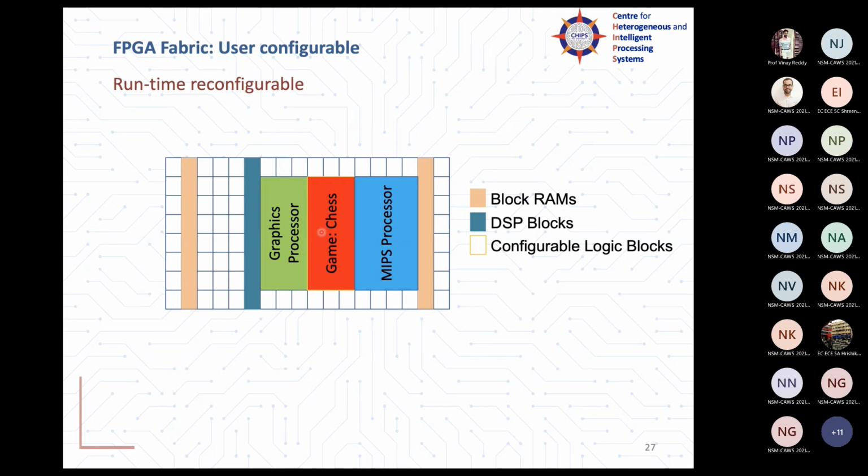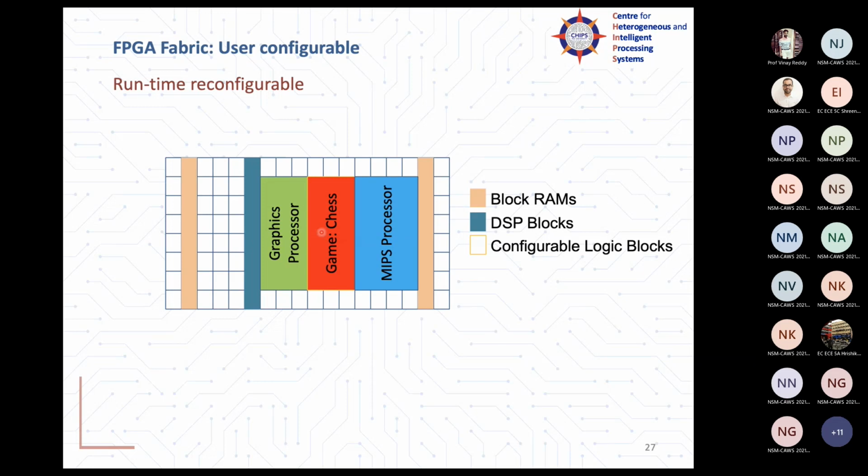If you have a bit stream for chess, a bit stream for Go, a bit stream for tic tac toe, etc., wherever it is, even if it is stored off chip, you can always get it and program it. You only need a bit stream to configure the functionality. So just the way you store it off chip and then use it on a processor, here you can call the bit stream from off chip and program it whenever you're using it.